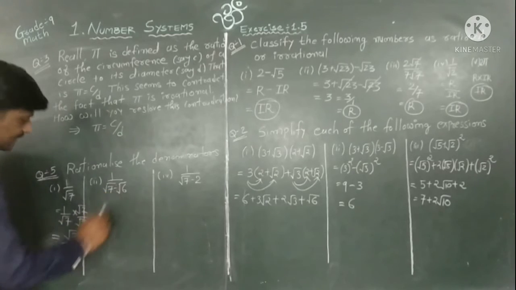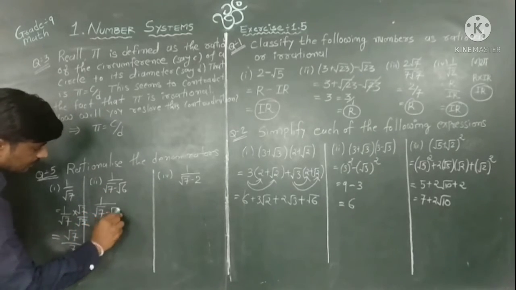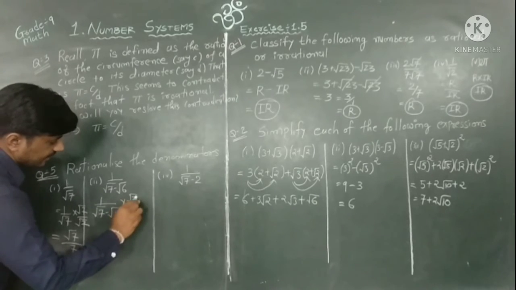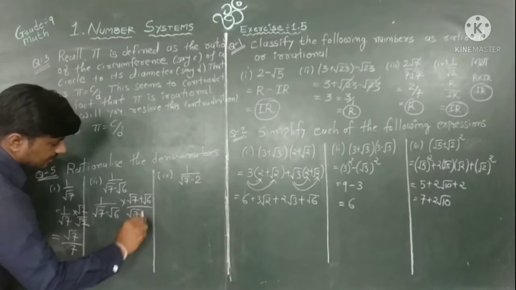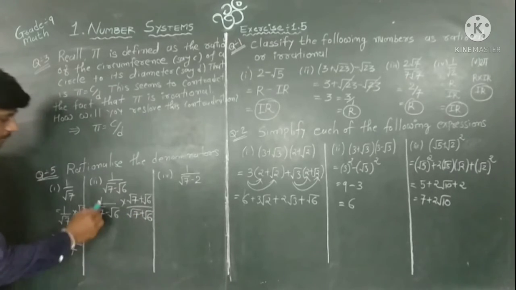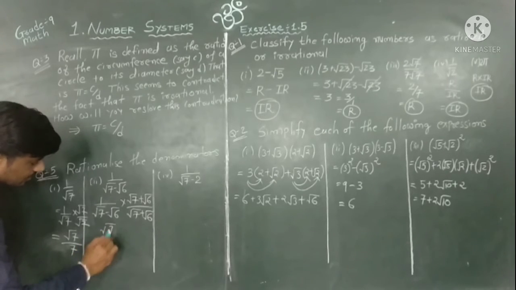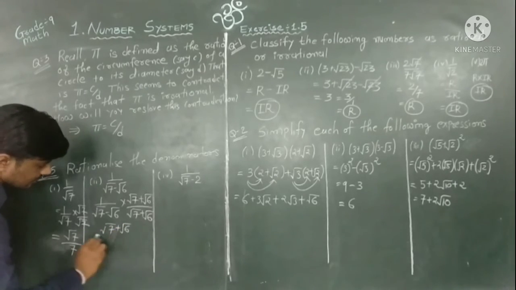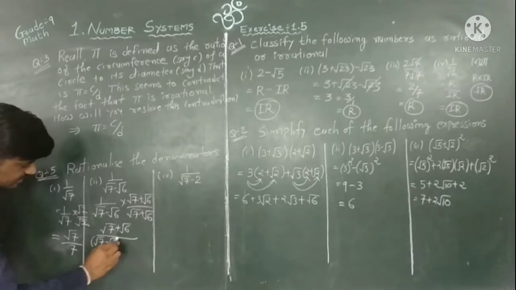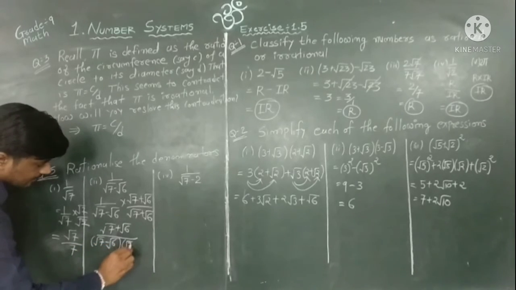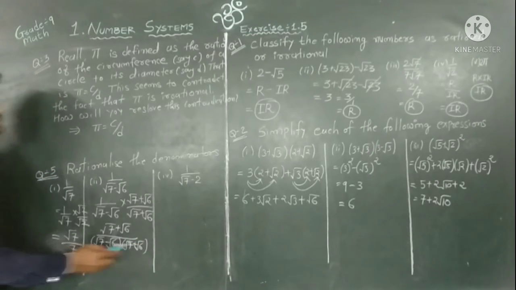What is similar here? I multiply this ratio with under root 7 plus under root 6 by under root 7 plus under root 6. Now the product of these two: 1 into anything will be the same, root 7 plus root 6, and upon these two brackets, root 7 minus root 6 and root 7 plus root 6. Here I can use an identity like this example.